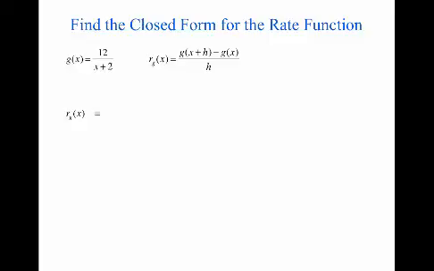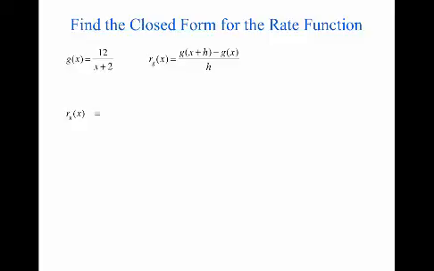Now, we have a particular rule for g, so we can apply the rule, like you did on your quiz. So if g of x is 12 over x plus 2, then what does that quotient become? Let's see, where's Gunnar? Gunnar, you're up. Can you rewrite that general form rate of change function now applying the rule of g?